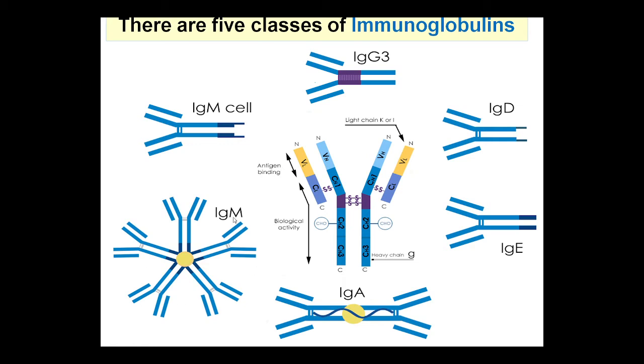Lower you see the pentameric structure consisting of 5 monomers of immunoglobulin M that are associated, stick one to other, in the area of the FC fragments.